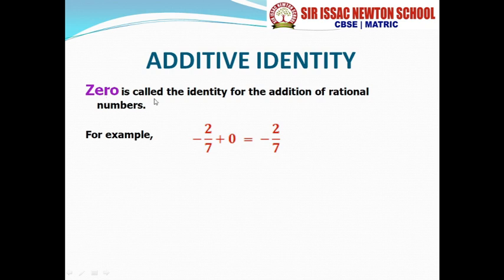So 0 is called the identity for the addition of rational numbers. When we add 0 to any number, the answer will be the same number, the identical number. So 0 is called the identity for the addition of rational numbers.